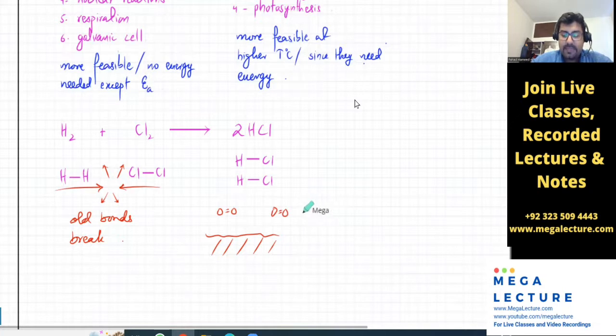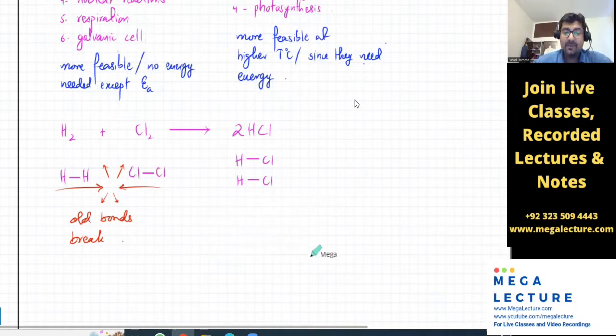When you provide it with heat, the oxygen molecules now travel faster. They've got a lot more kinetic energy. So when they hit the wood or the molecules in the wood, the old bonds are going to break and the new bonds are going to form. So the first step is always that you have to provide some activation energy so that the old bonds can break.